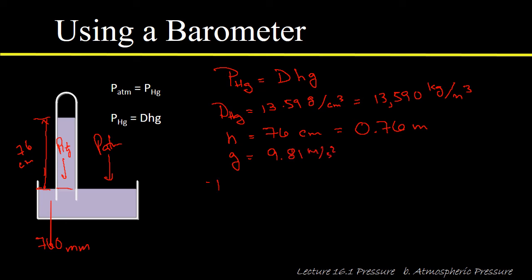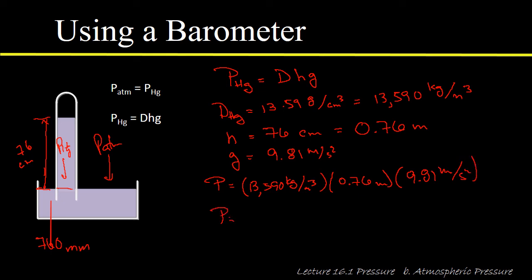Okay. So that means the pressure is 13,590 kilograms per cubic meter times 0.76 meters times 9.81 meters per second squared.